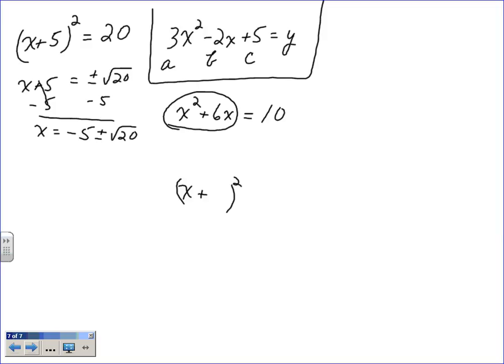So what I want is to be able to add a number here, something that's going to complete the square, so I can write this as a perfect squared trinomial. And what number do you have to add? What do you think? All right, now there's going to be a process, and let me show you that process.